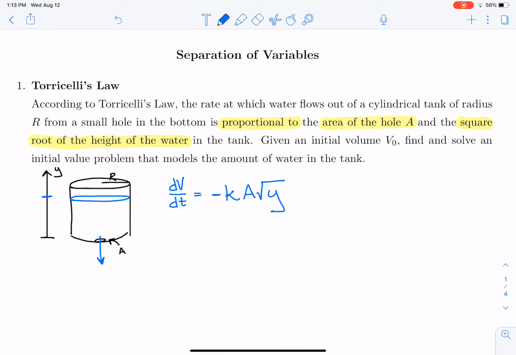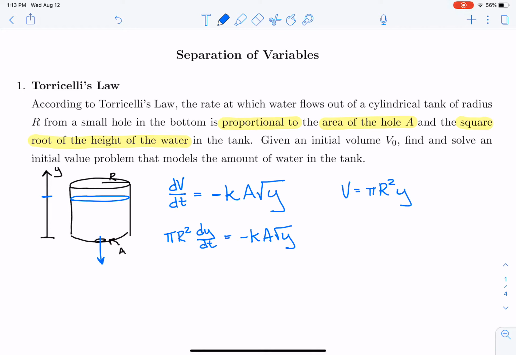So we need to think about, well, what is the volume? The volume V is going to be pi r squared times the height of the water, which is going to be y. So there's actually a relationship between V and y. That means dV/dt we can think of as being pi r squared times dy/dt. And that is equal to negative k A square root of y.